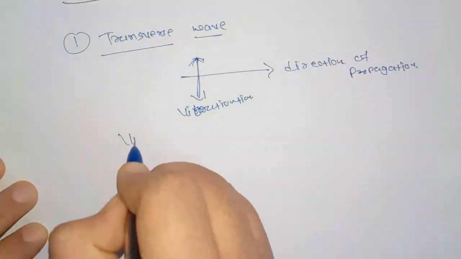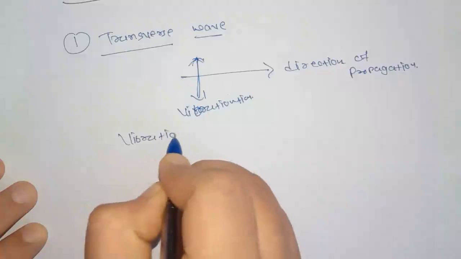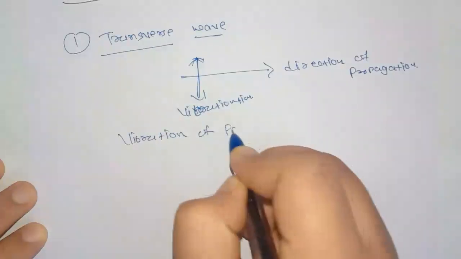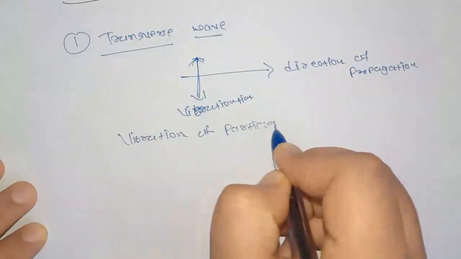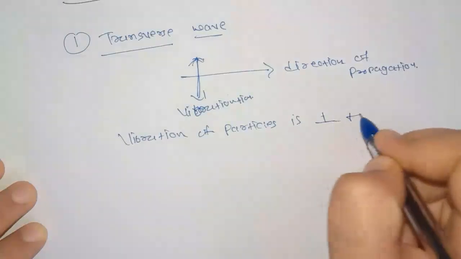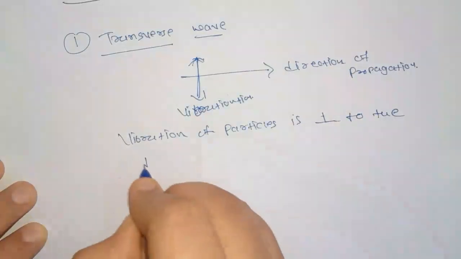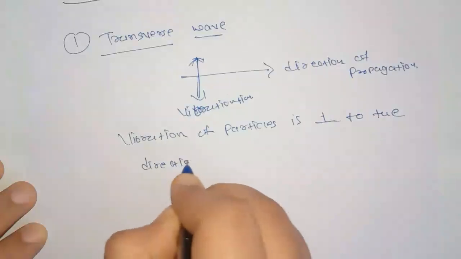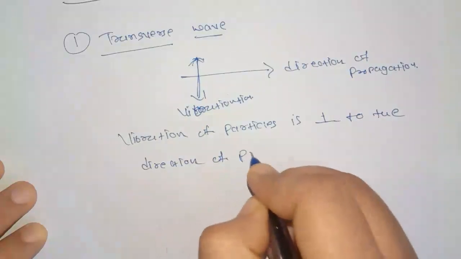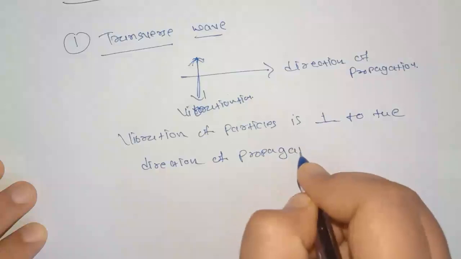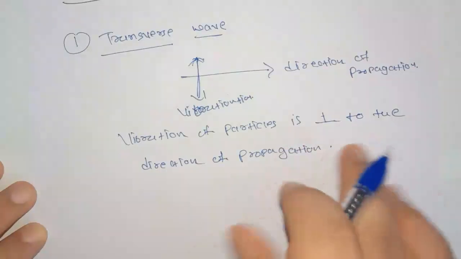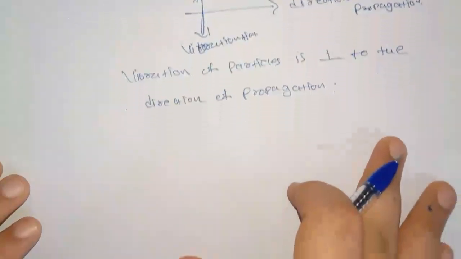So in this case, the vibration of particles is perpendicular to the direction of propagation. Let us see with an example.